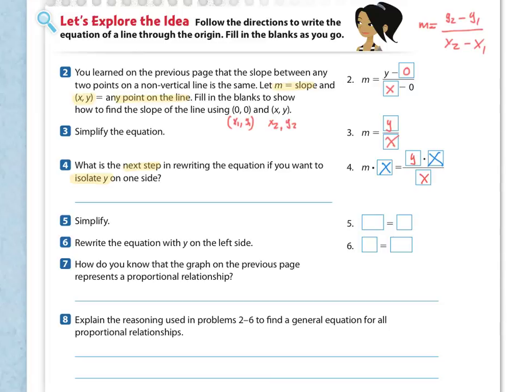Right? So now, we need to write that down, and we're going to put multiply both sides by x.